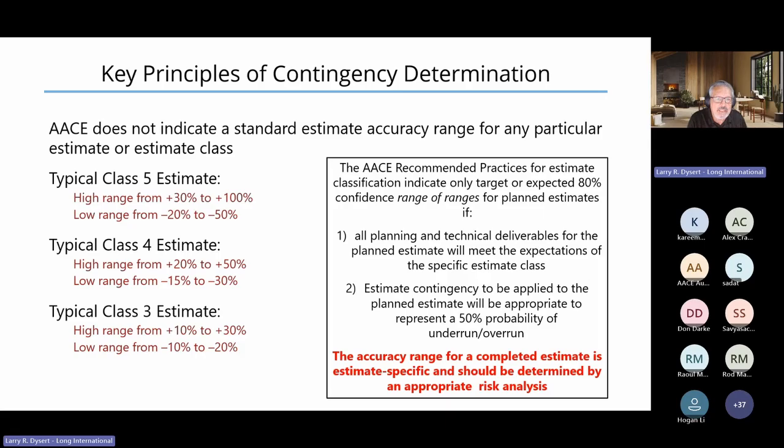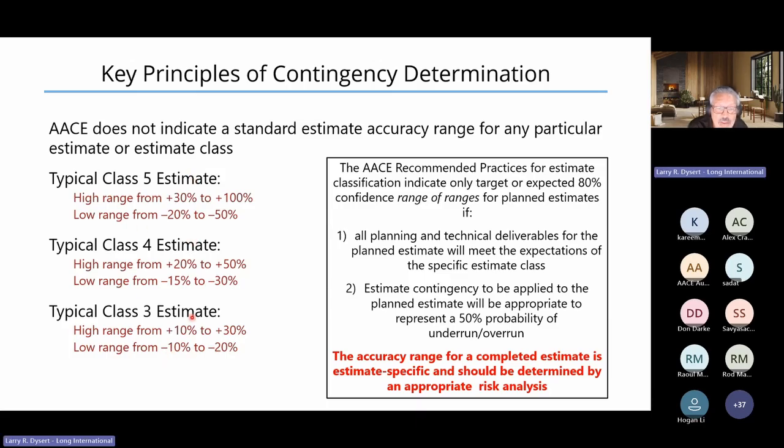And the other thing we need to make sure we understand is that those estimate ranges in our estimate classification recommended practices are actually a range of ranges. So for a class 5, that high range may be from plus 30 to plus 100, or the low range from minus 20 to minus 50. Class 3, plus 10 to plus 30, the low range from minus 10 to minus 20.